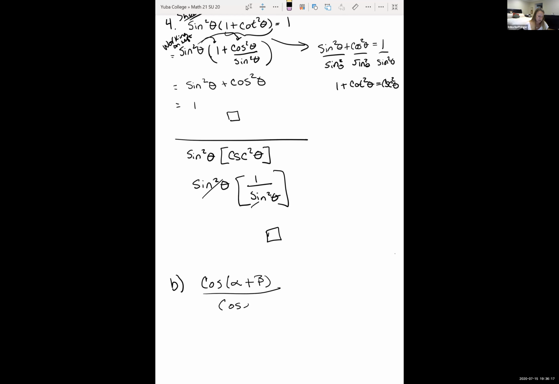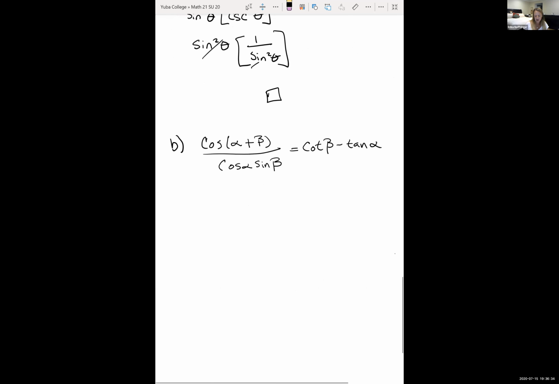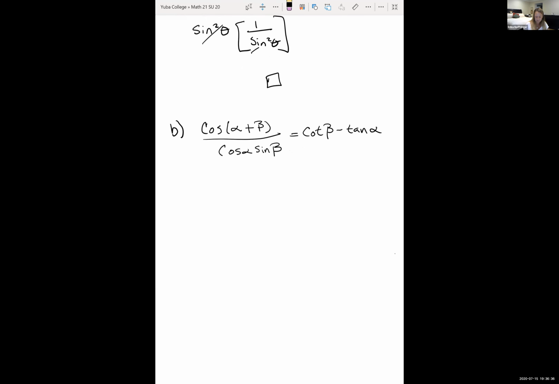So cosine of alpha plus beta all over cosine alpha sine beta. We want to show that this is equal to cotangent beta minus tan alpha. So choose a side to work on. I chose the left. You could have chosen the right.